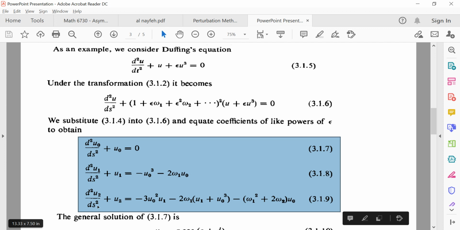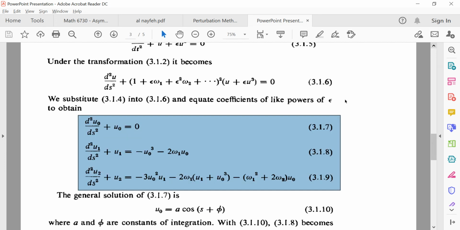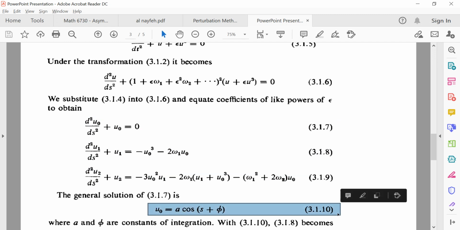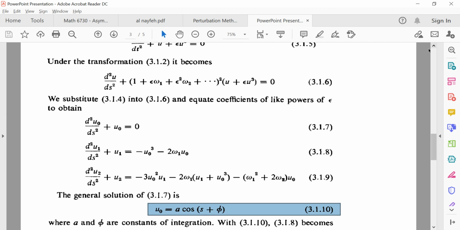for ε². Now we have to find the solution of these equations, and you know that if you find the solution of equation 7, then its solution will be given by u₀ = a cos(s + φ), where s is the independent variable, and a and φ are the constants of integration.